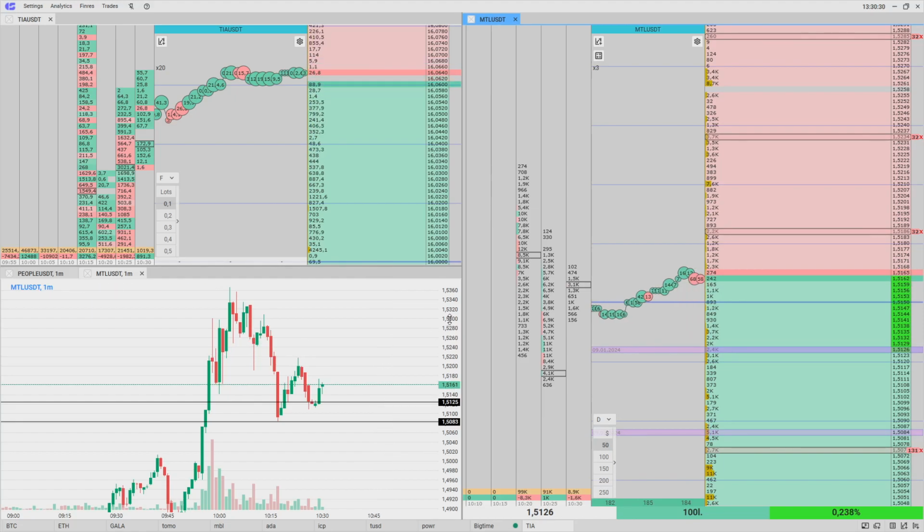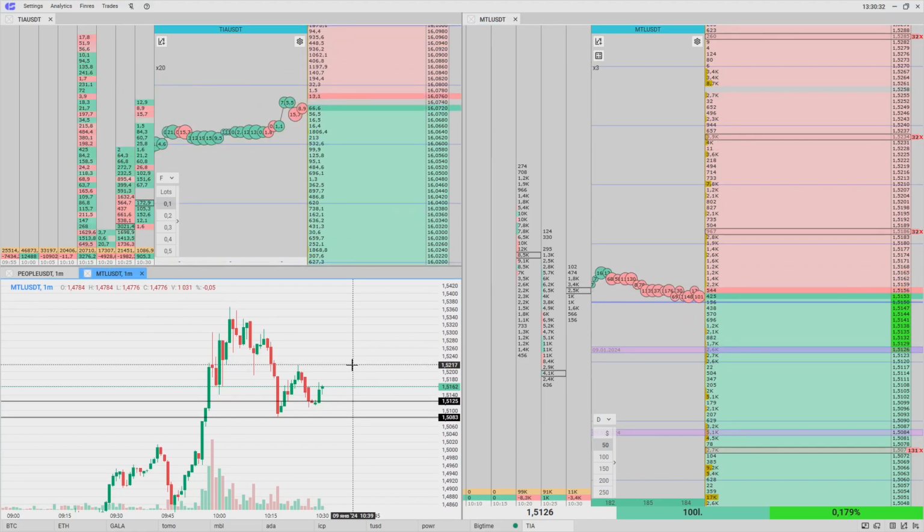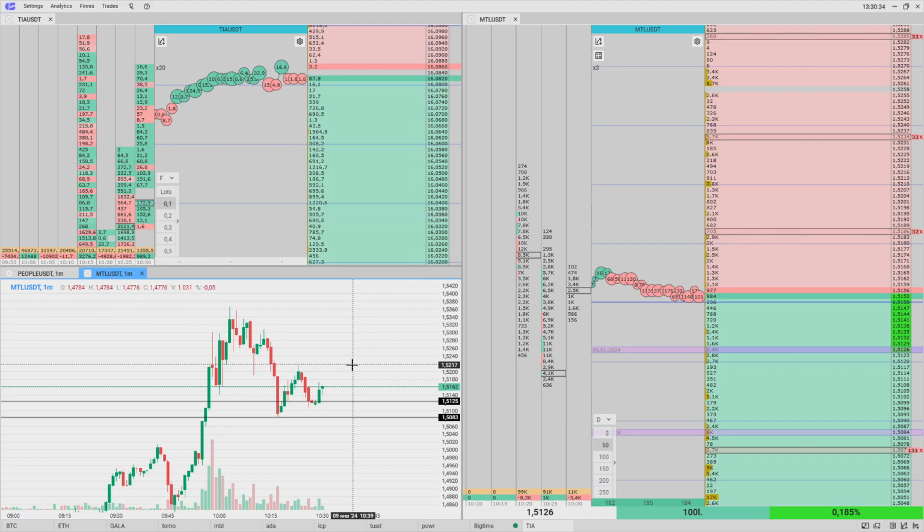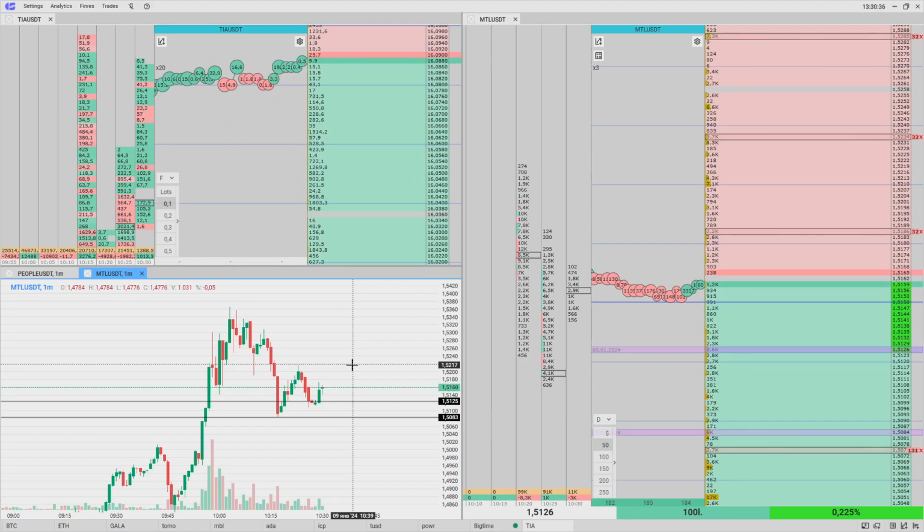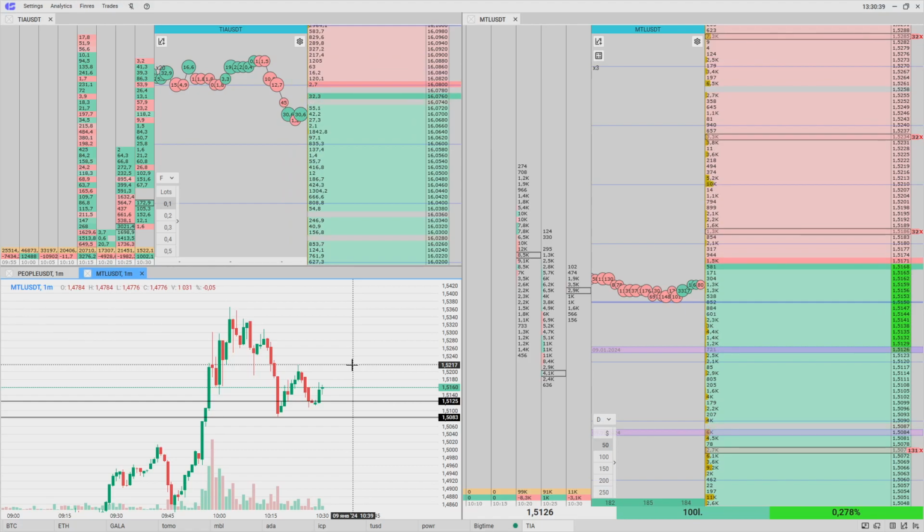In MTL, I am expecting to renew the previous highs of 1.5217. Let's wait.